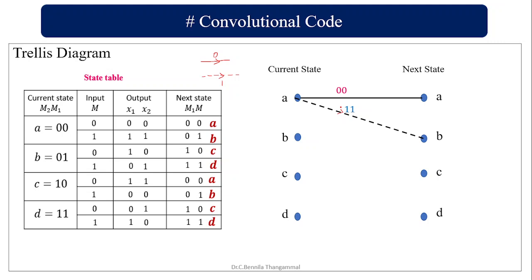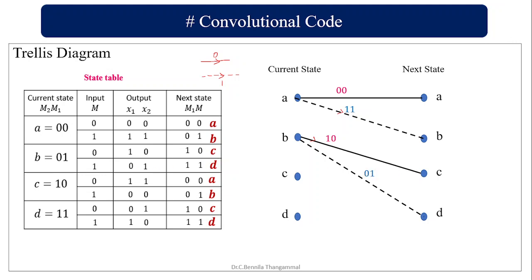Right. So from your B, it goes to C. Your output is 1 0. So from B to C, output is 1 0. It's a solid line because your input is 0. Similarly, for input 1, it goes from B to D. So your output is 0 1.